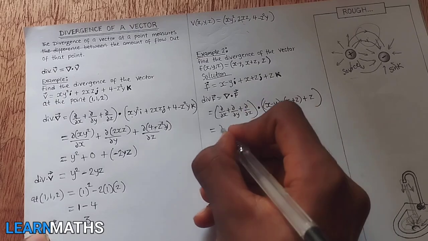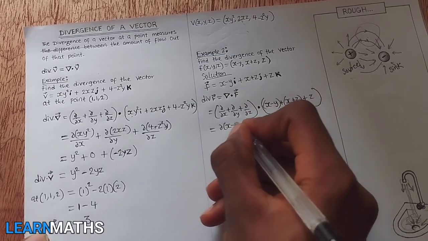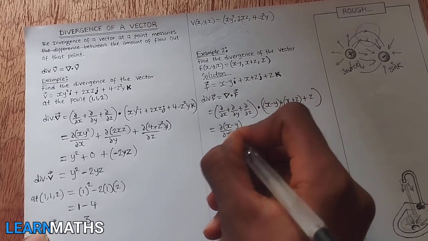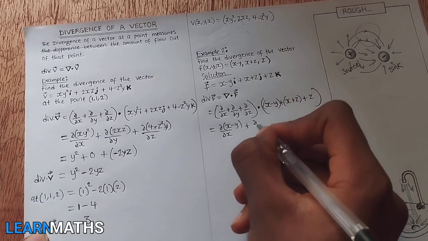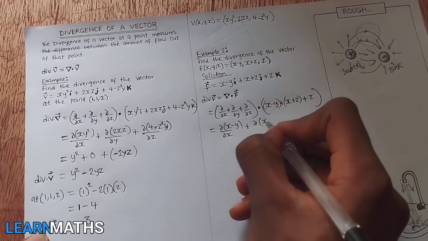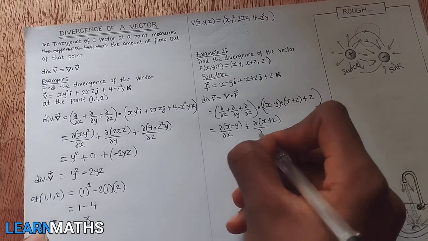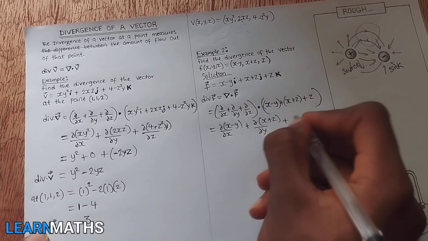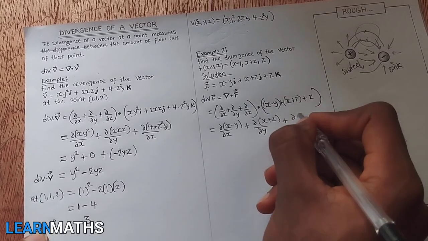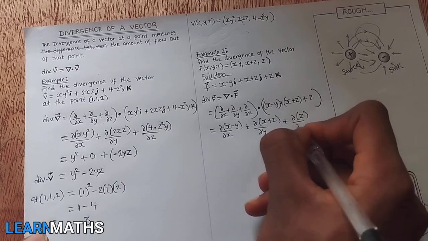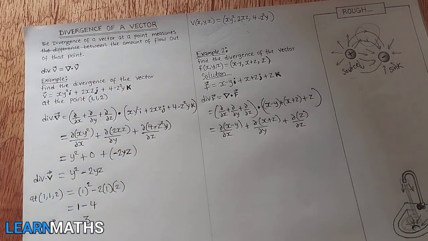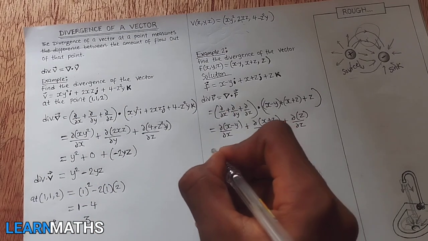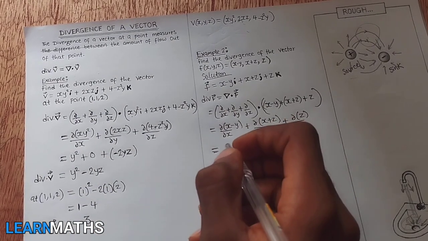This is going to be the partial differential of x minus y with respect to x, then the partial differential of x plus z with respect to y. Finally, the partial differential of z itself with respect to z. Let's just carry out the partial differentiation, and we know what this vector field is like, what the divergence at this is like.